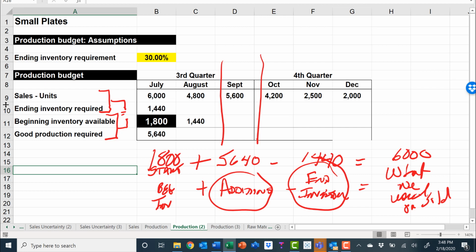If I know that I need 6,000 to sell, and I have an ending inventory requirement of 1440, how do I meet those requirements? Well, I have 1,800 units to begin with, and they'll cover only a portion of this, so I have to make another 5,640 to meet the expectations.